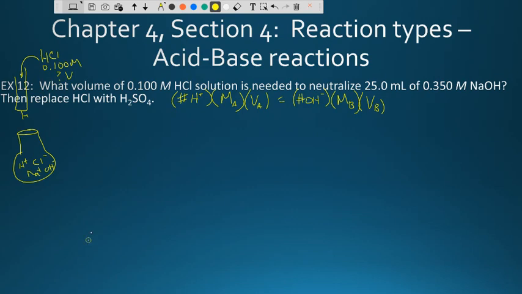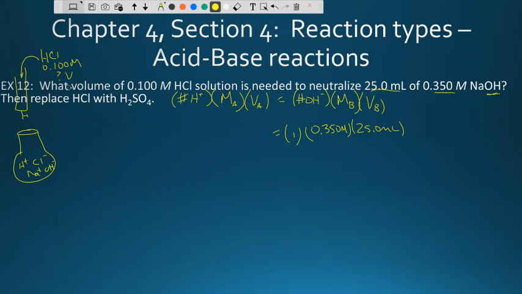Okay, let's take a look. I see I have my base volume right here, 25.0 milliliters. I see its strength is 0.350 molar. And within sodium hydroxide, it has one hydroxide to give up and donate and play around with.